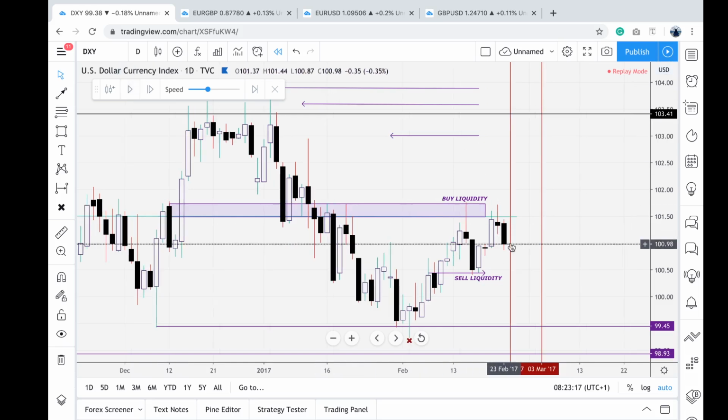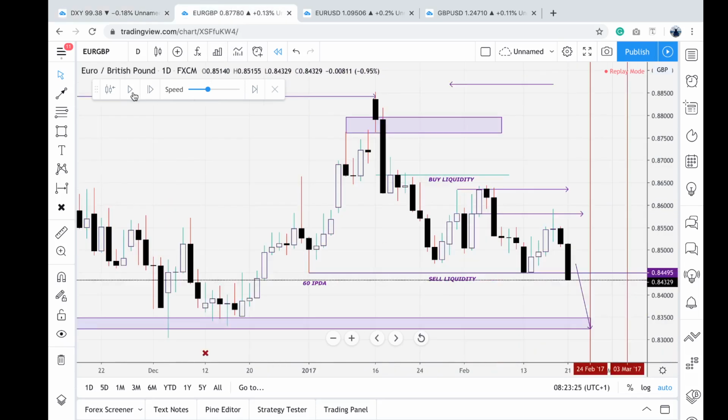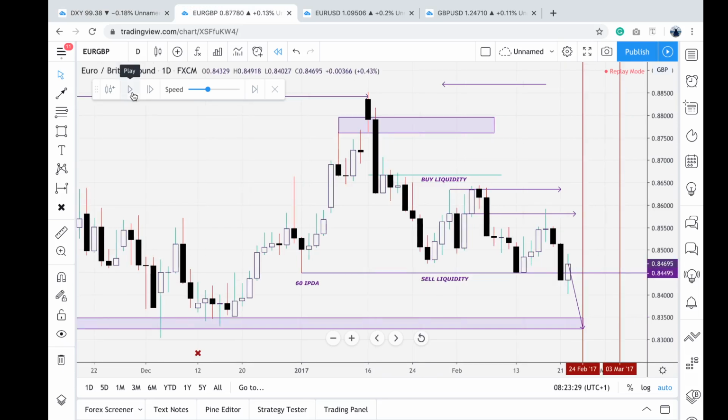Okay, the market shows it wants to keep going down. The market did not really give us a criteria to trade. So let's see what euro dollar actually does if it met that criteria. Price went back up to this level. Remember, we're still not trading euro pound, only trying to find the institutional order flow, which is definitely bearish, as price keeps respecting the bearish order block and keeps breaking through the bullish order blocks.